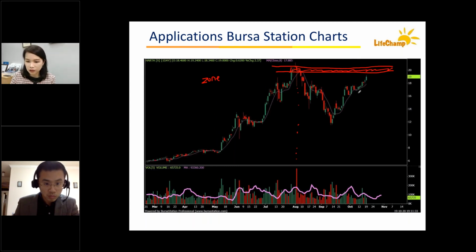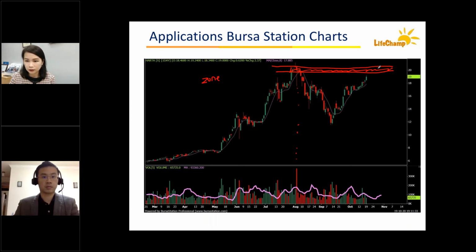So for the subsequent price, because this is October, you may find that this particular zone is a very strong resistance because of this high price action.